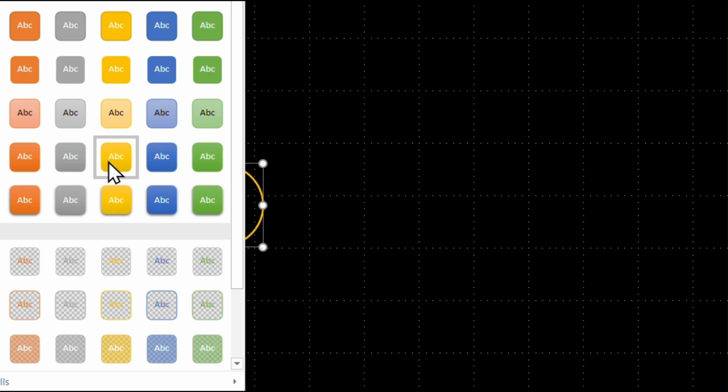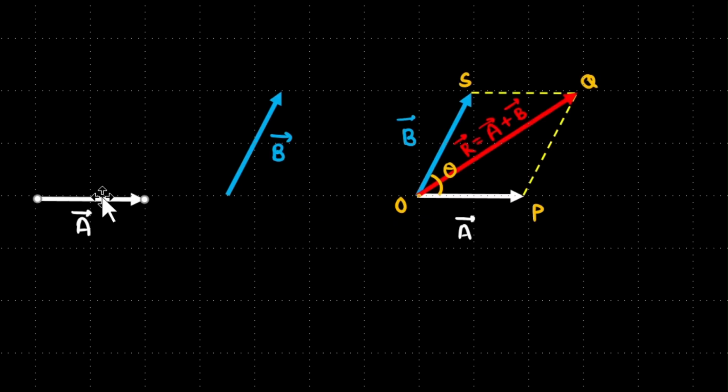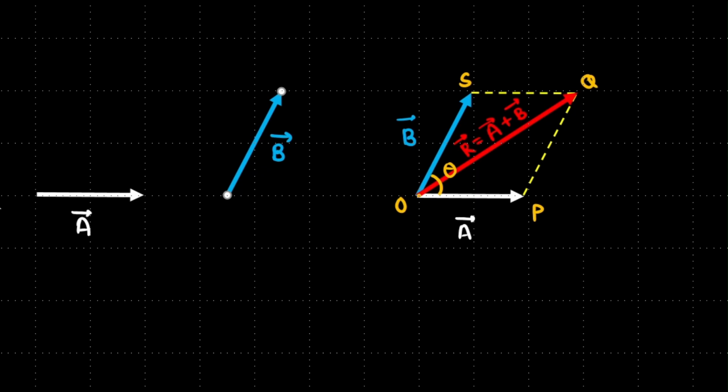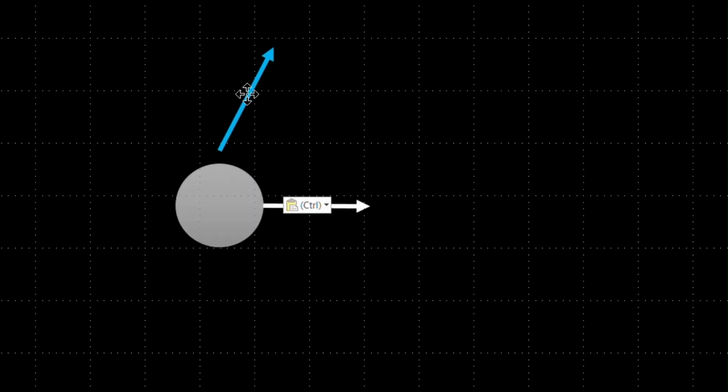Let's think of a ball. It's pretty clear that it's at rest, since I have not made any arrows. Now I'm going to draw some vectors and let's see what happens. Let's use the vectors over here. I'm going to copy this one, keep it right over here, and take another one, this one, and put it right over there.